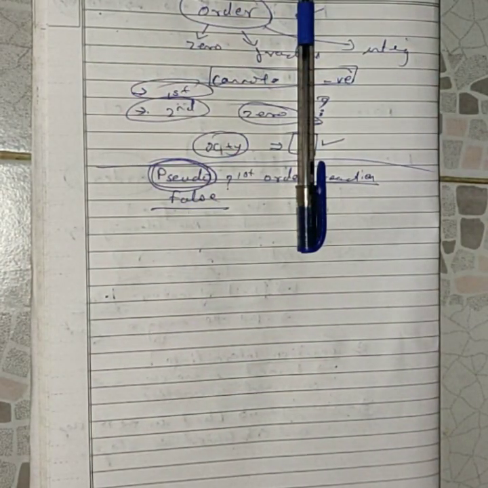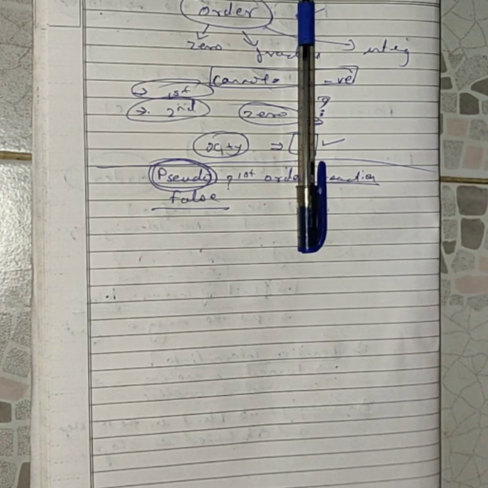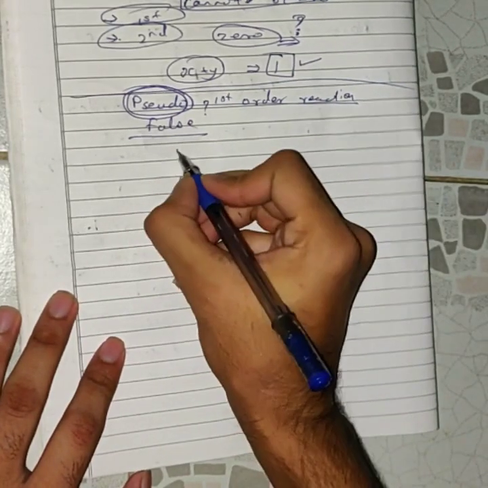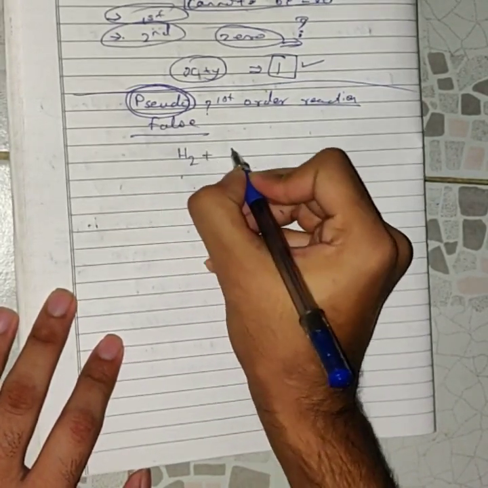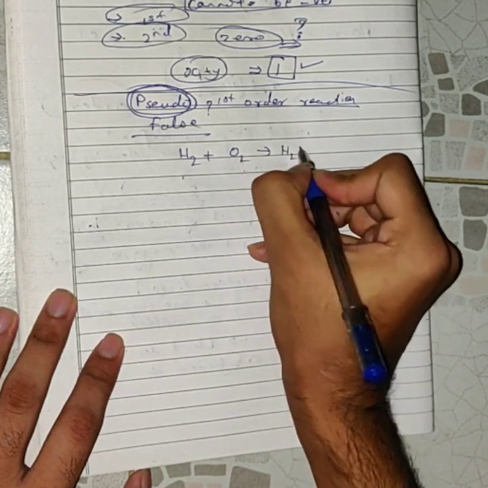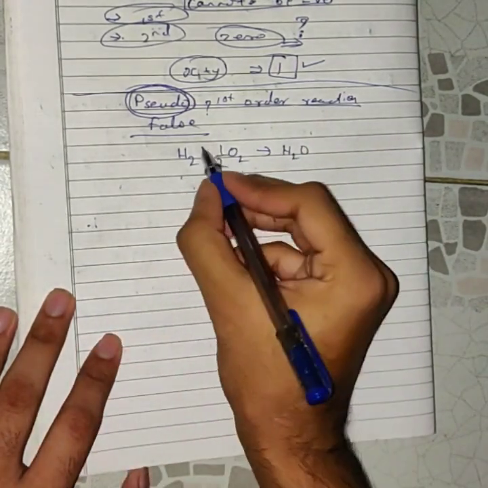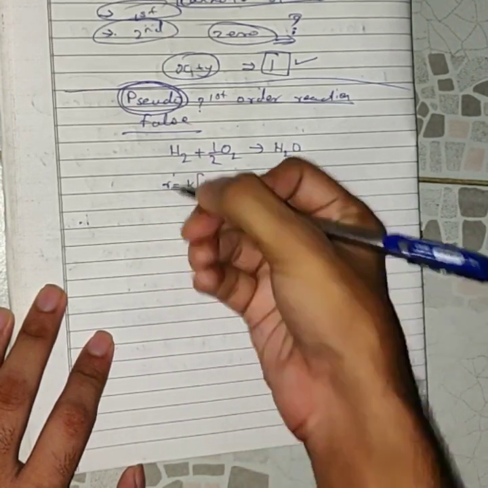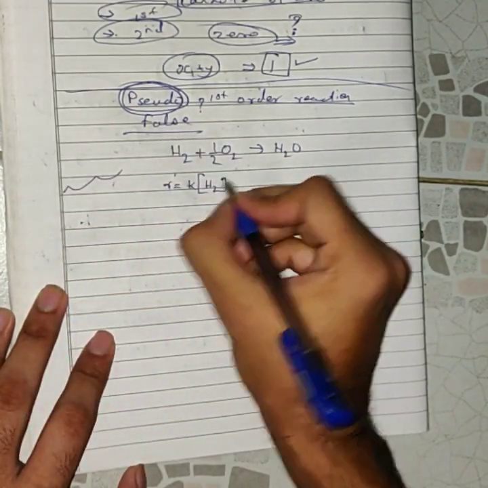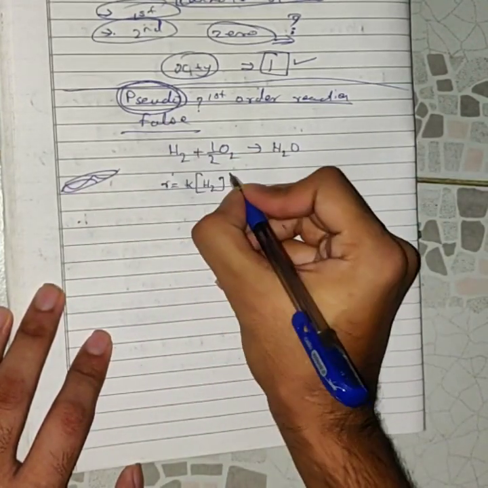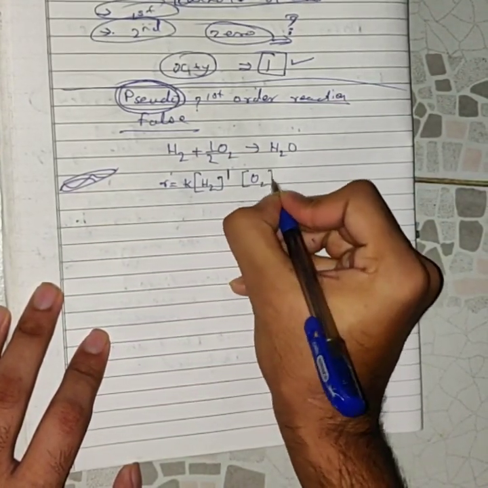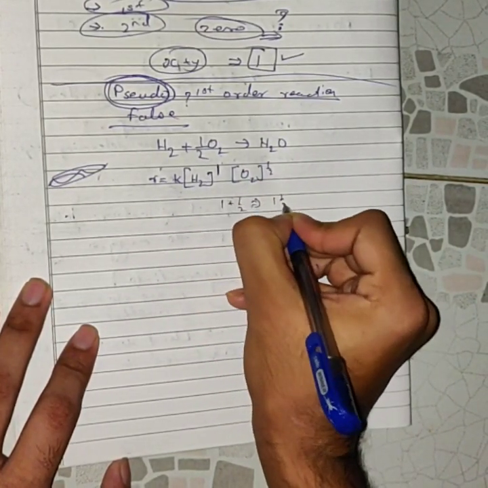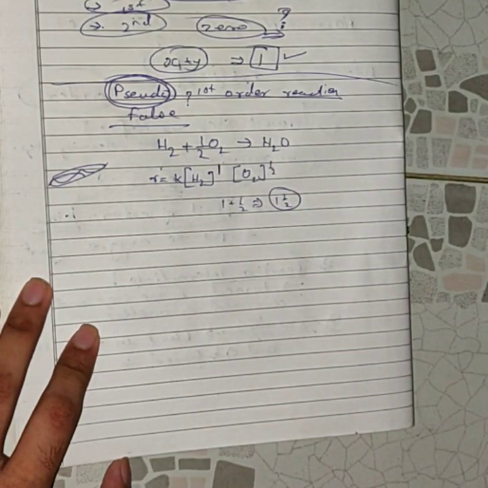By looking at it, you will think this is higher than first order, but actually it behaves as first order. For example, take the simplest example: hydrogen plus half oxygen gives you H2O. Now if you write the rate law, R is equal to K, H2 raised to 1, considering it a simple single step reaction, and oxygen raised to half. If you add 1 plus half, it will be 1.5. So you would say the order of the reaction is 1.5.